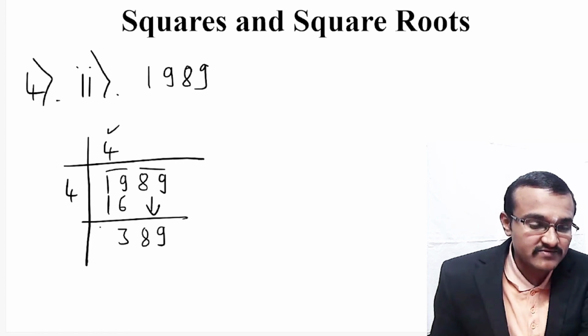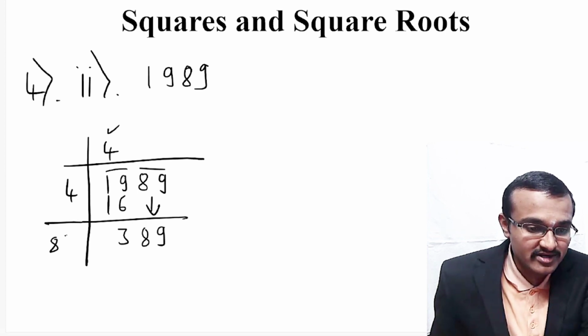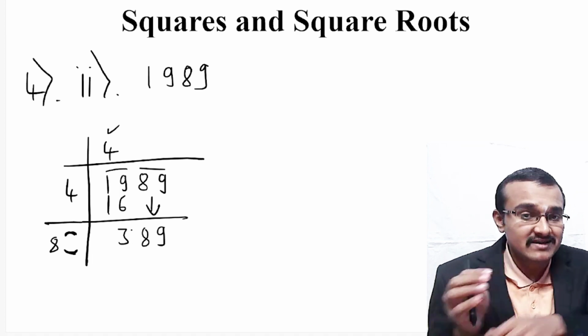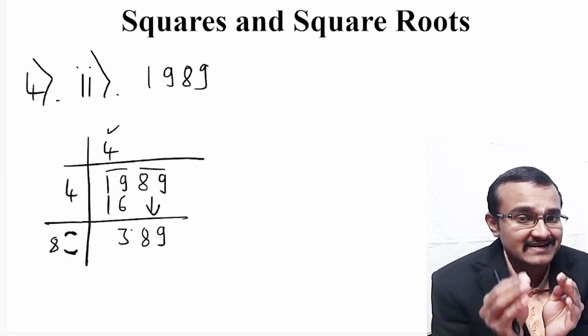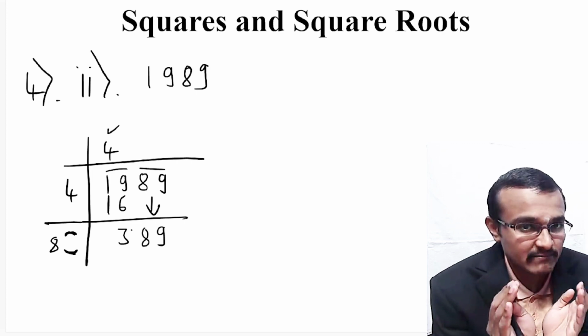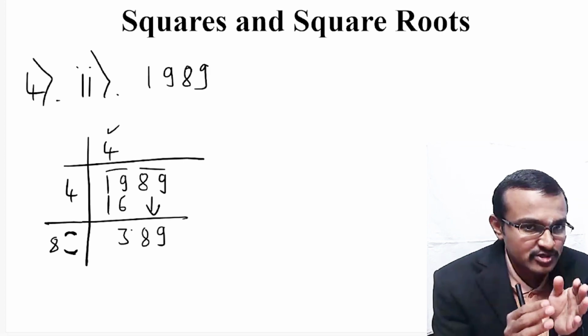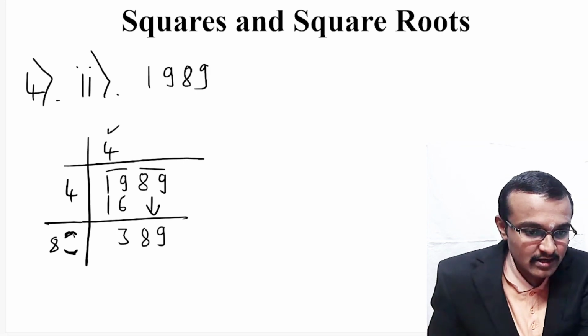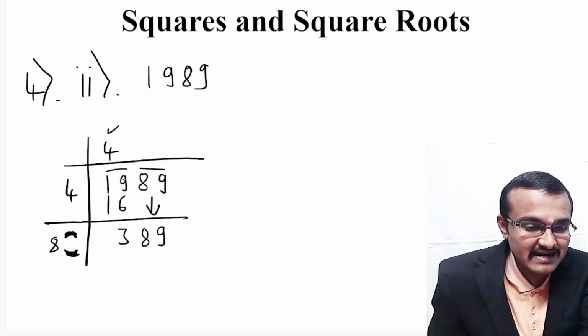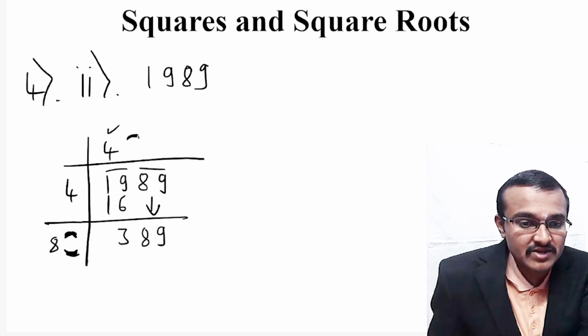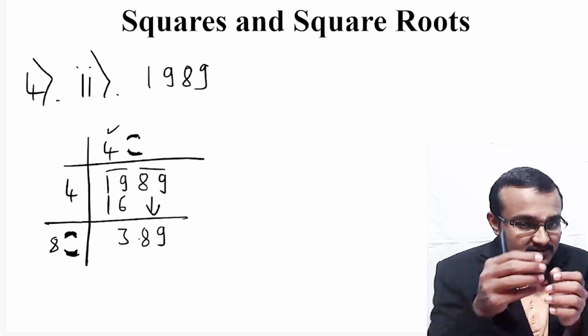So take twice of this 4, so 4 into 2 is 8, and you should put one number here which should be equal to 389. But here, since 1989 is not a perfect square number, if you put any number from 1 to 9 in this position after 8, and multiply that with the same number in the quotient, you will not get 389, unlike in your previous cases where you got 0 because you were getting the number which was there.